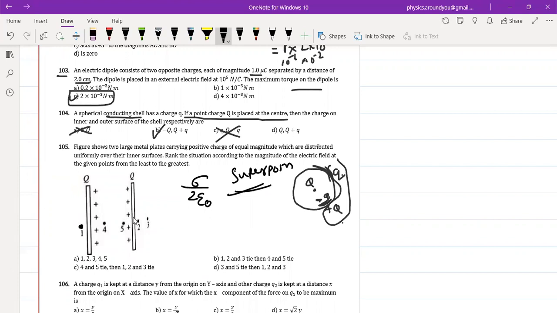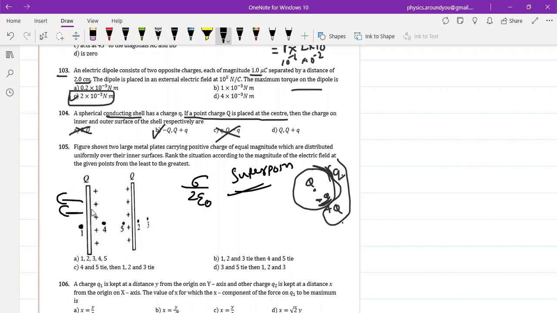Great role, isn't it? The superposition principle is literally everything in electrostatics. What is the total field at point 1? The field at point 1 will be due to this sheet, which is pointing in this direction, and the field due to this sheet, which is also pointing in this direction. What is the field at point 4?